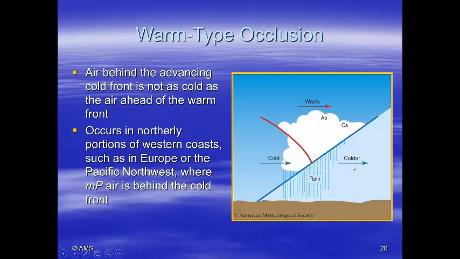So in this case, we have very cold air here, and cold air is following. Once again, the cold front caught up with the warm front and lifted it up off the surface of the earth.